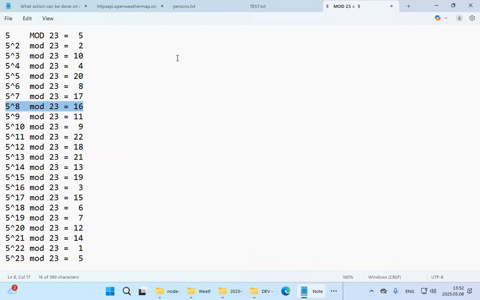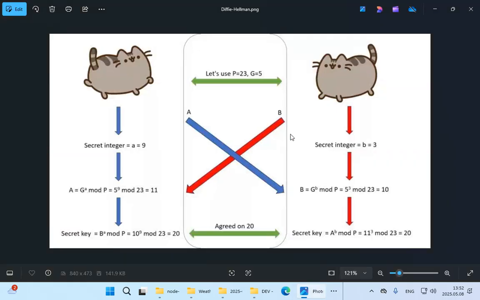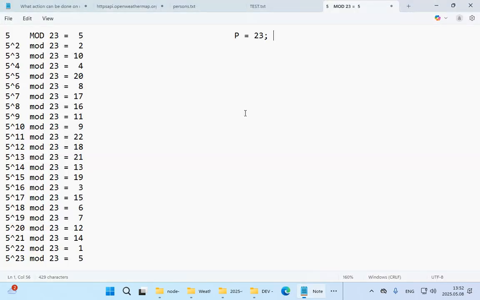Now let us choose different numbers. The prime number was 23, and let us check, the base was 5. Yes, base G is 5, and this is the prime number.